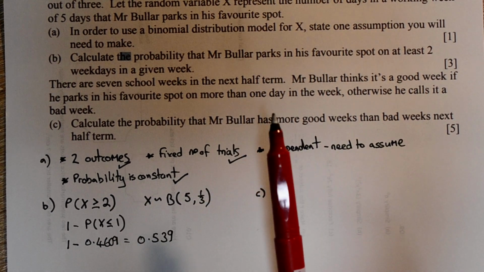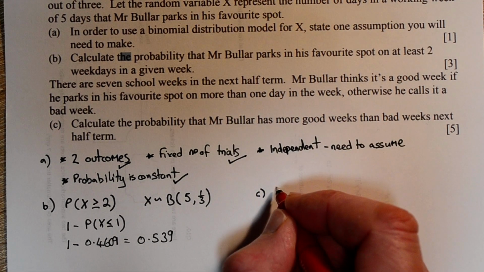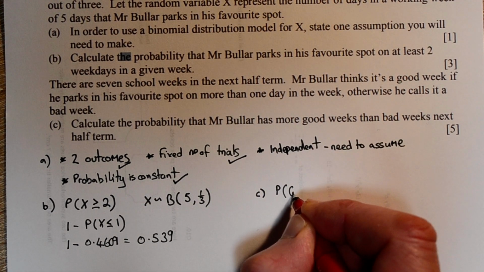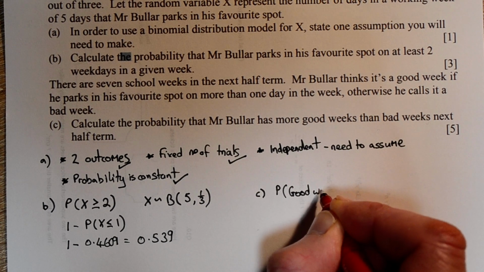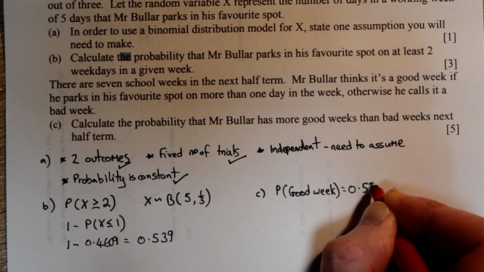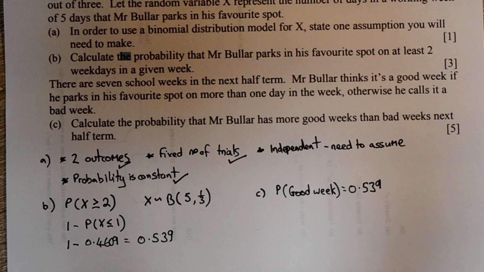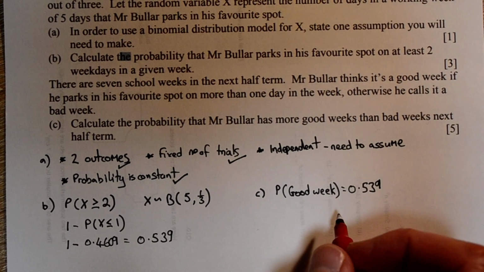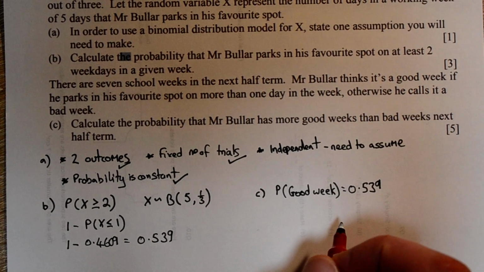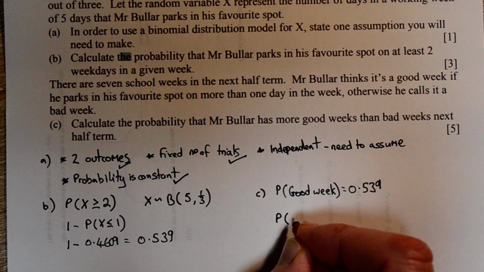So we've found the probability of it being a good week already in part B. So in part C, we're asked to find the probability that he has more good weeks than bad weeks. So if there's more good than bad in a 7-week term, then what we're saying is then there's at least 4.